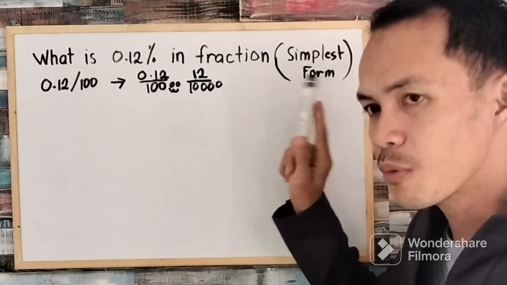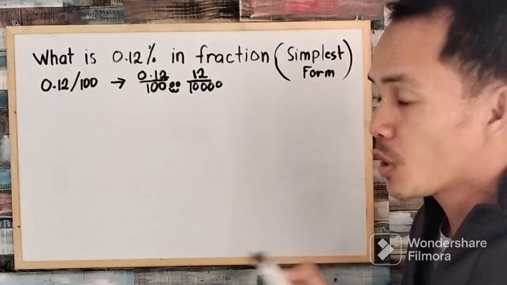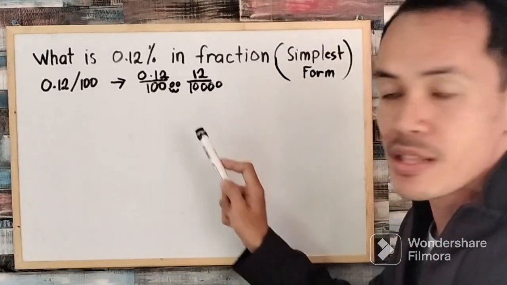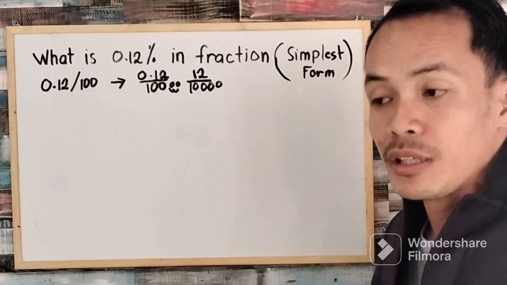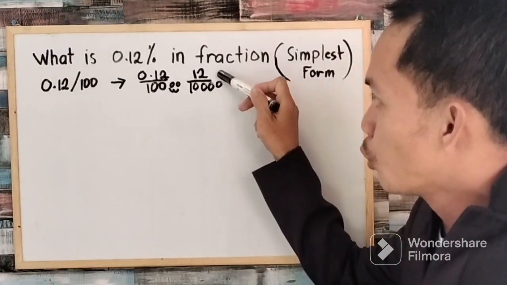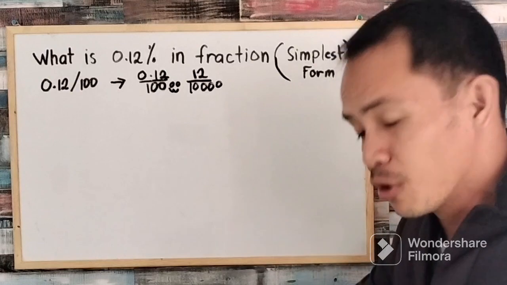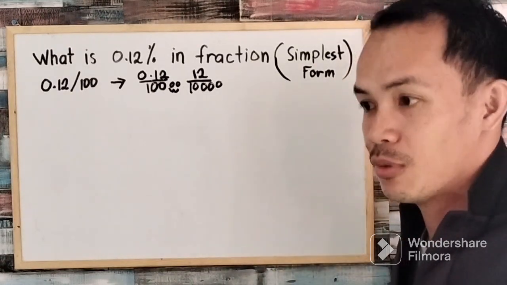Now, let us observe the numbers. We have to check whether the 2 numbers there, 12 and 10,000, are divisible by a particular number. Tingnan natin. 12 and 10,000, divisible by 2 ba siya? Pag titingnan natin, yes, it is divisible by 2.